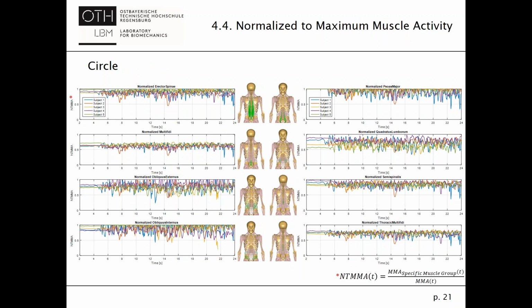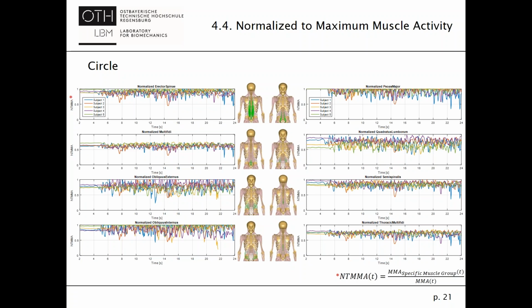This figure contains much information, as it is for all subjects for one trial. So I will explain what you can see here. If a value of 1 on the y-axis is reached, this muscle forms the maximum muscle activation. So in this figure, the trend of a muscle group is very important. The nearer the activation value comes to 1, the higher is the part of the maximum muscle activation.